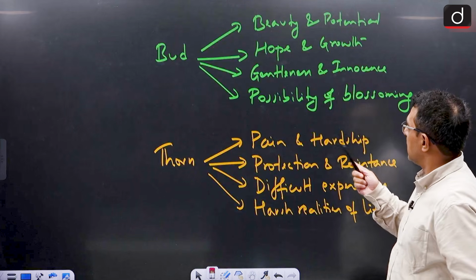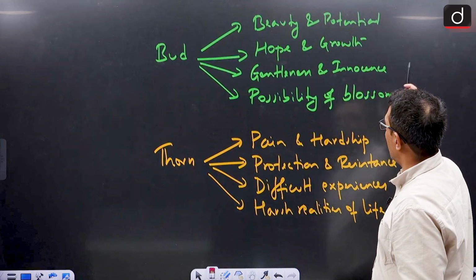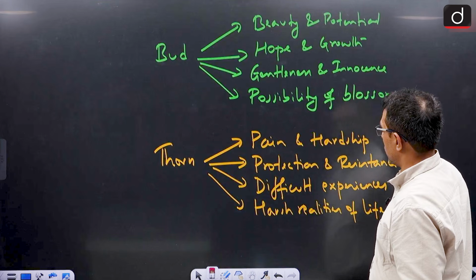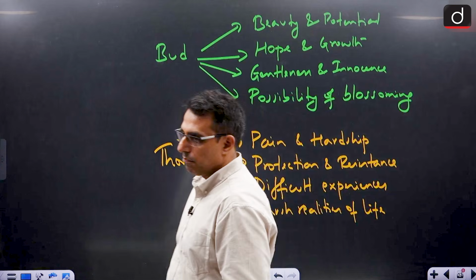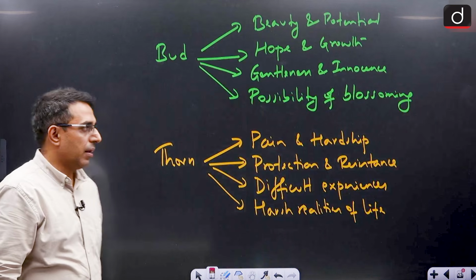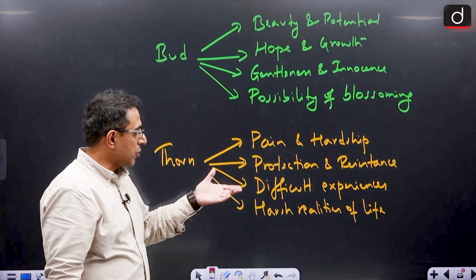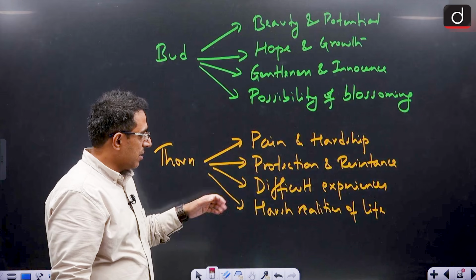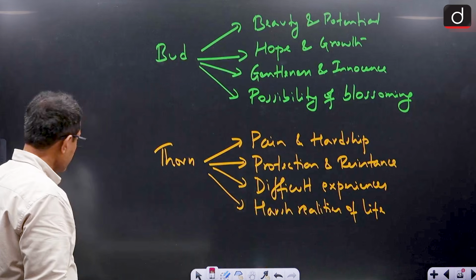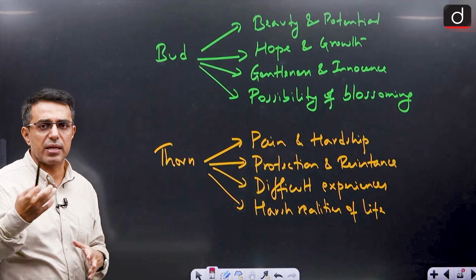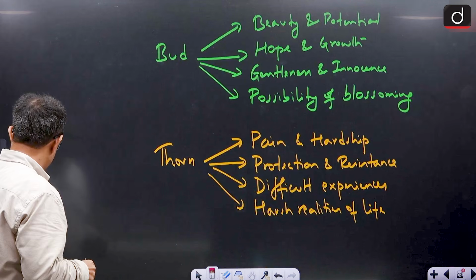So bud here means beauty and potential, hope and growth, gentleness and innocence, possibility of blossoming. That is the meaning of bud in this theme. Whereas thorn means pain and hardship, protection and resistance, difficult experiences, harsh realities of life. Once we are clear about this, then we can explore the topic in a better way.